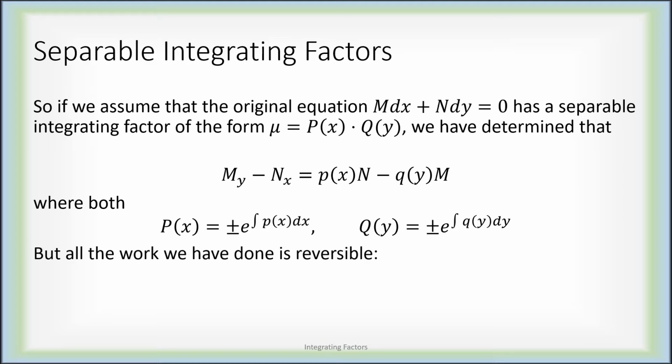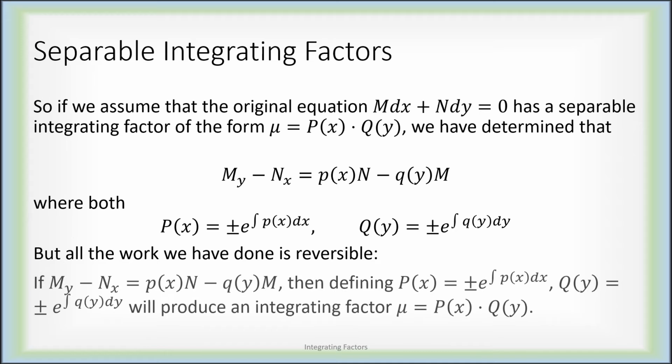But all the work we've done is actually quite reversible. In other words, if we can write M_y minus N_x as a function of x times N minus a function of y times M, then if I define capital P to be plus or minus e to the integral of this little p, and I define capital Q of y to be plus or minus e to the integral of this little q of y, then capital P of x times capital Q of y will be an integrating factor for our original differential equation.